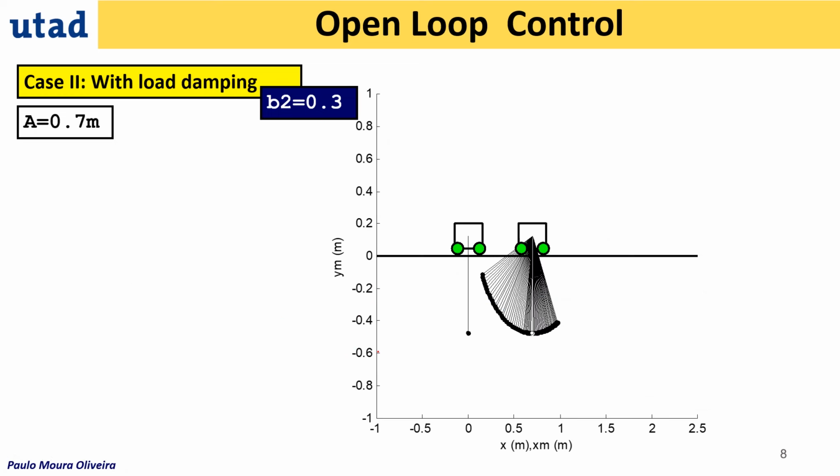You can see the drawing, there is a drastic change from this point to this point. This point corresponds to 0.7, and in this case the oscillation is going to be reduced because of the damping.